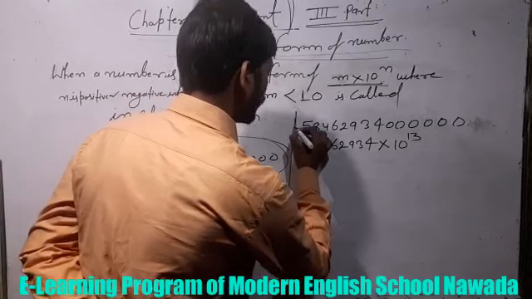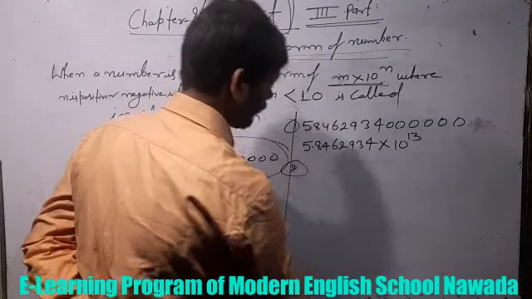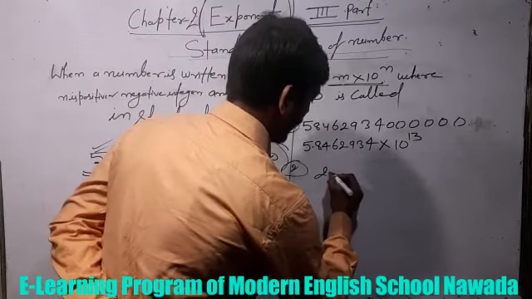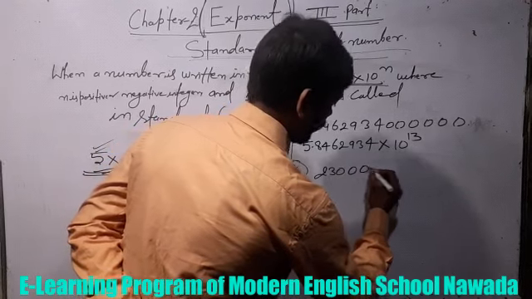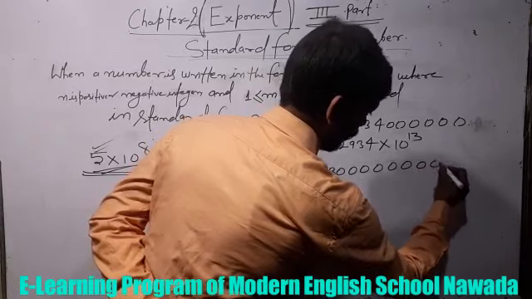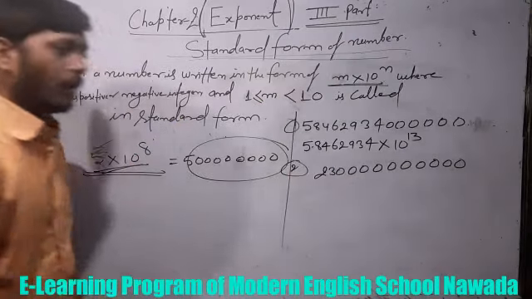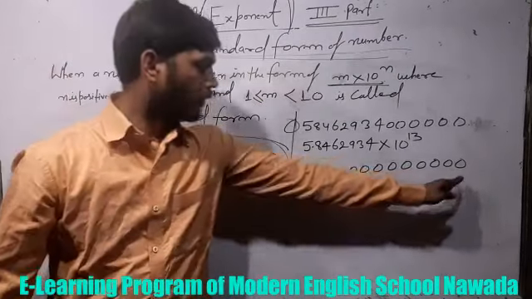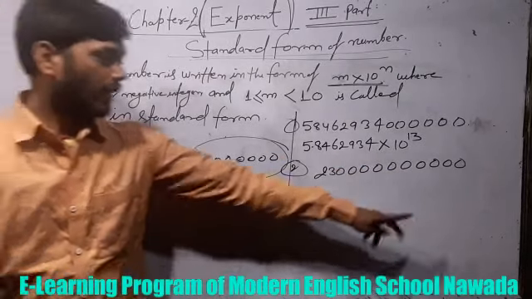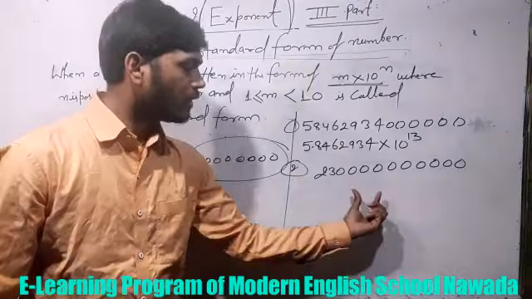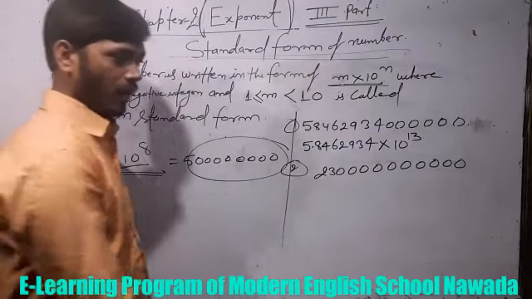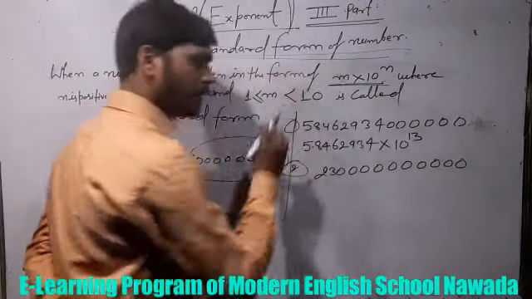Here is another question: 2.230000000000. It is also a very big number. It can be written in standard form and it will be short. How can it be written?